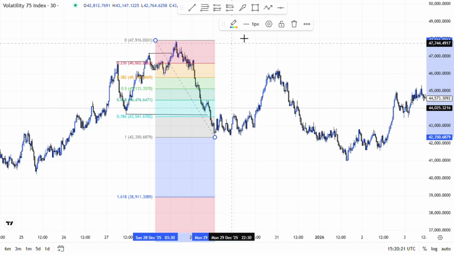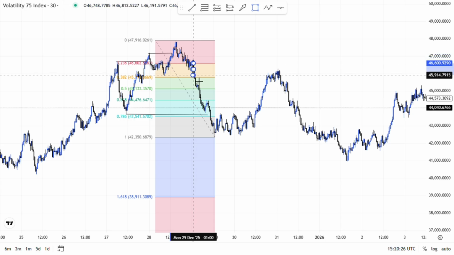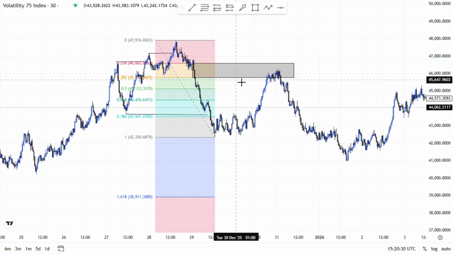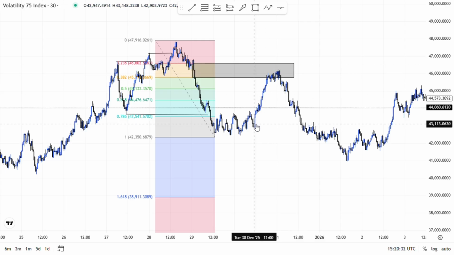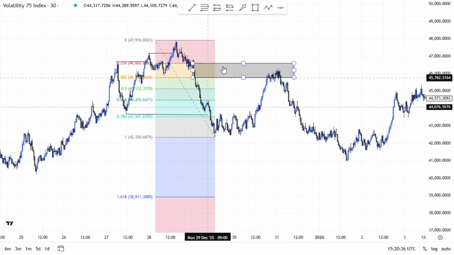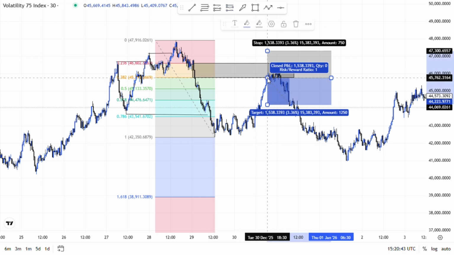Then the next thing you do, you take out your rectangle and you mark it out like this. So you wait for your entry level at this zone. That is, if price has started trading towards this level, you wait for your entry level at this zone, and then you'll be aiming for a 1 to 3 risk to reward around this level.